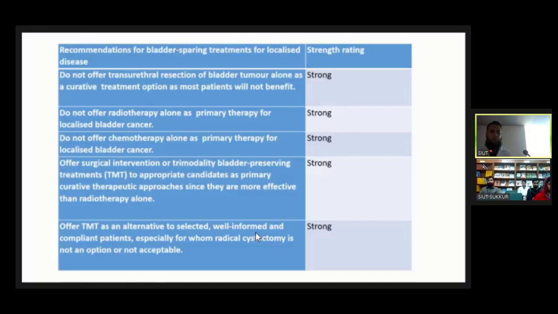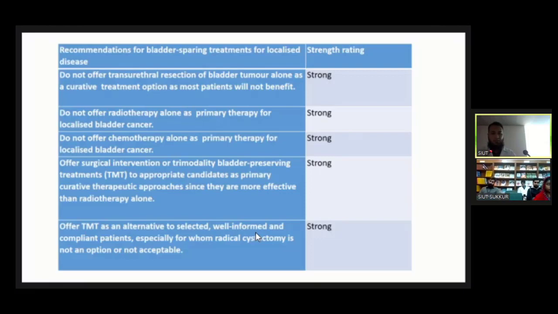So what are the recommendations for bladder-sparing surgery? Do not offer transurethral resection of bladder tumor alone as a curative treatment option, as most patients will not benefit. Do not offer radiotherapy alone or chemotherapy alone as a primary therapy for localized bladder cancer.